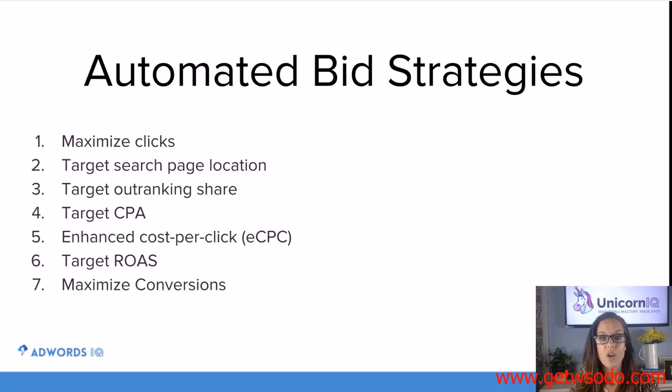First of all, what are automated bid strategies? You may have heard this term before, but maybe you're not exactly sure what it is. Basically, automated bidding is an automated process that is designed to maximize your AdWords campaign goals.